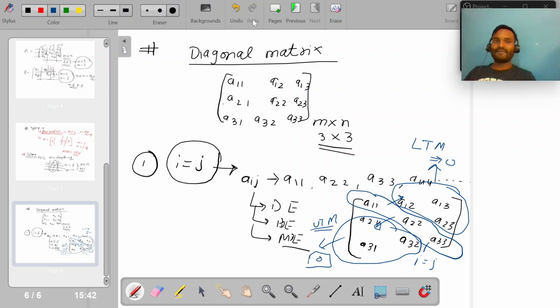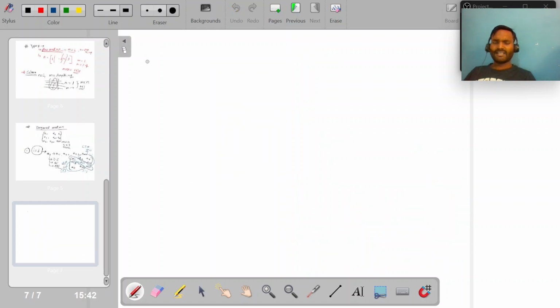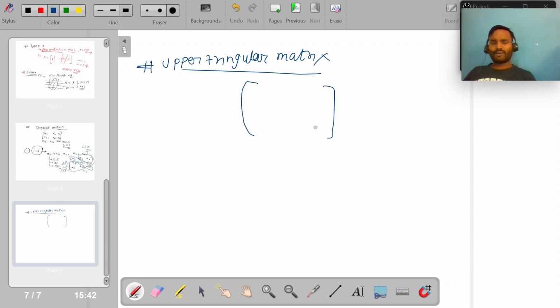Now we will give an example clearly. For the upper triangular matrix, the lower elements of the main diagonal are 0: a11, a12, a13, 0, a22, a23, 0, 0, a33.